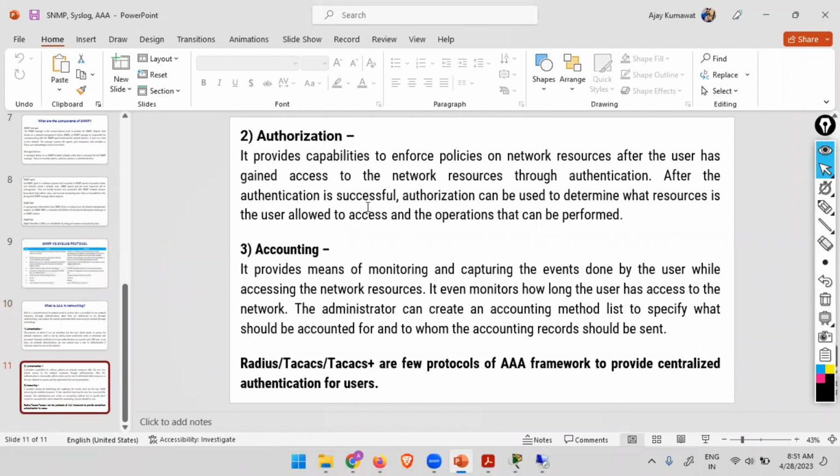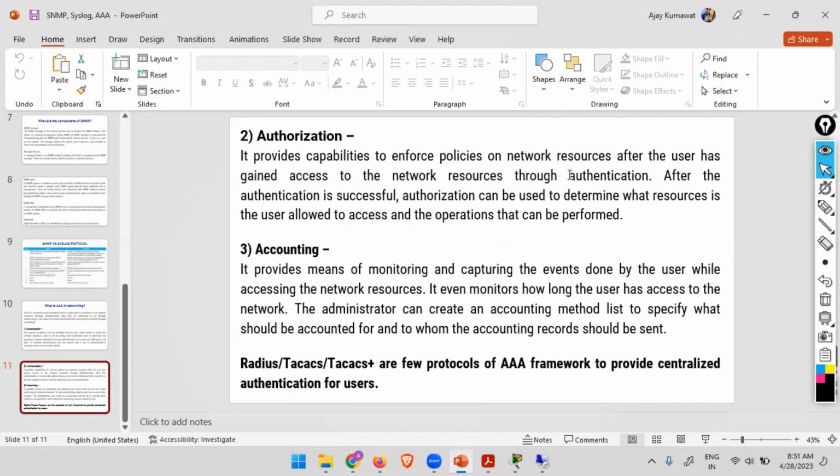Then what is authorization? Your authorization provides the capability to enforce policies on network resources after the user has gained access to the network resource through authentication. The user has already authenticated. Now, how can we control the access of the user? Let's say usually in the telnet case, we controlled using privilege levels. We assigned privilege level 1, which had access to what? Only user execution. One user was there who was having privilege level 15.